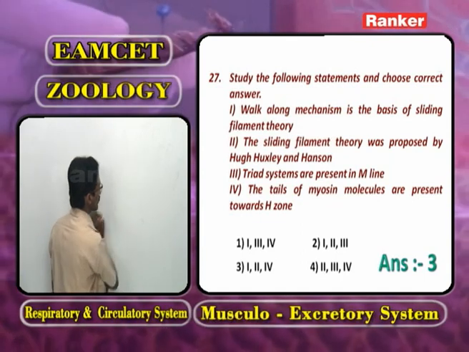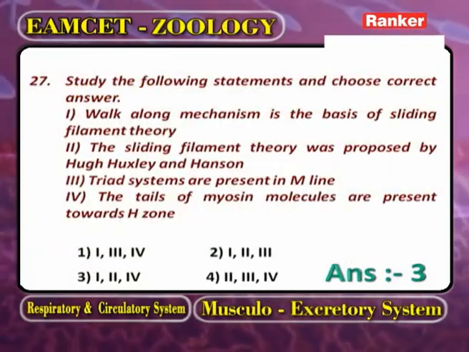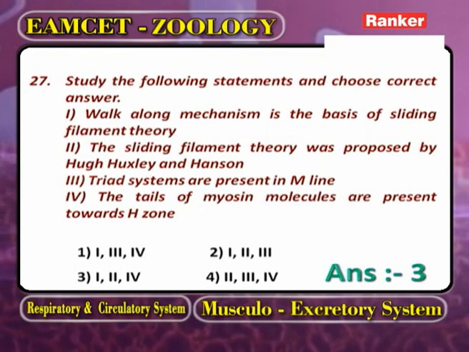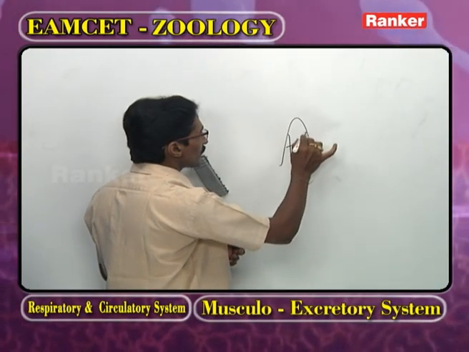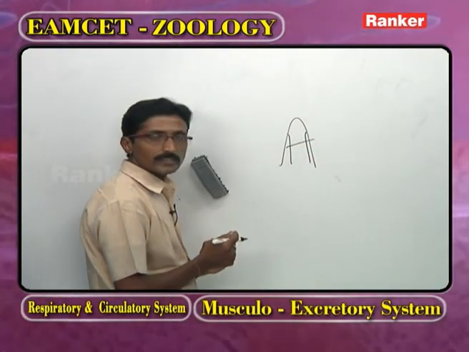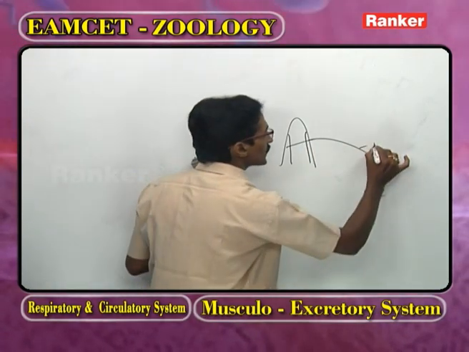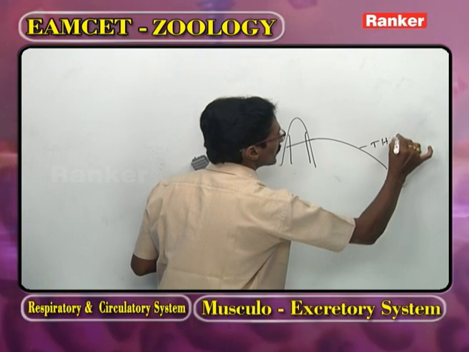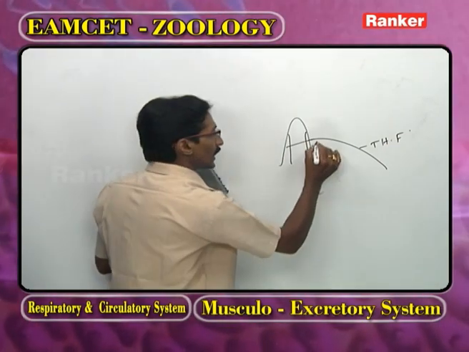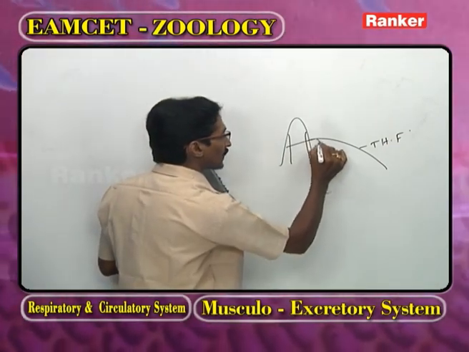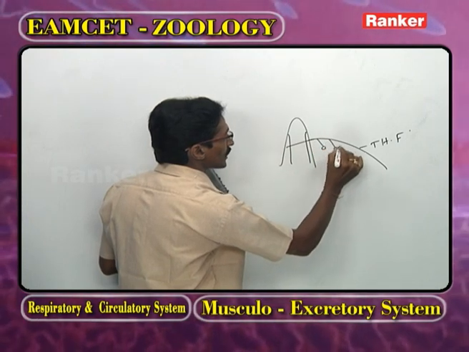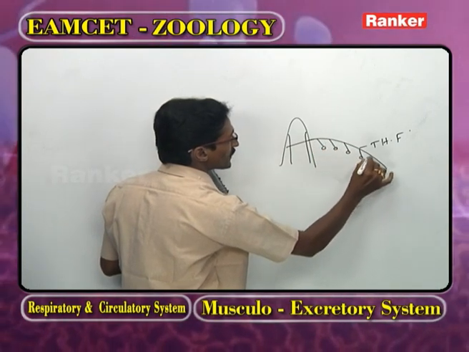Now this one we call it as the A band. In the center of A band, what is present? H. Now from the A band, what will arise? The thick filament. Now, along the length of thick filament, the myosin molecules are present.